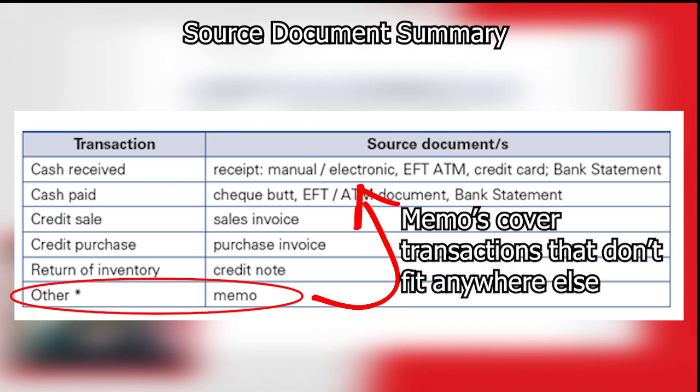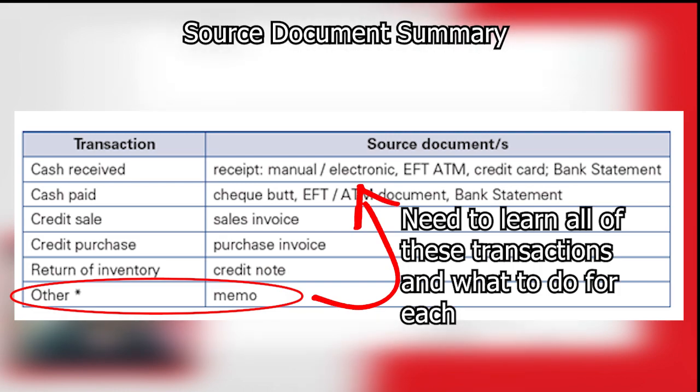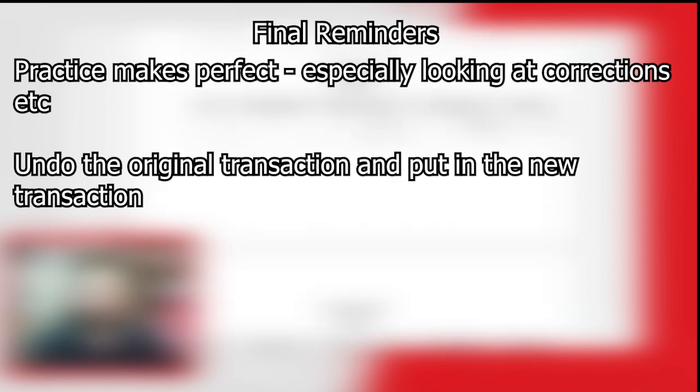I know that's not what you want to hear, but practice will make perfect. So firstly, practice with reversing entries, practice setting up a new system, practice drawings, non-cash capital contributions.